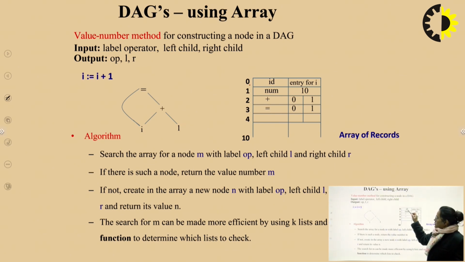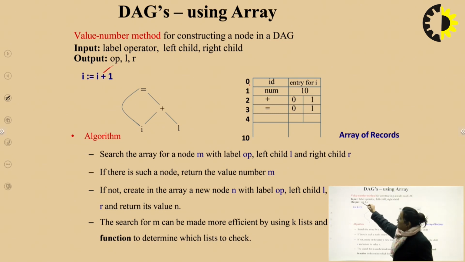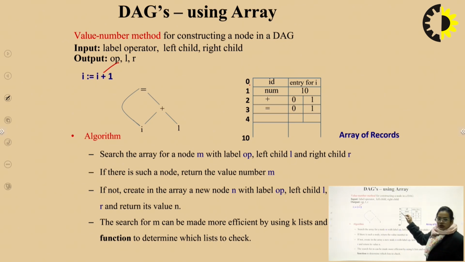At position 0, ID will be there, with the entry for i. This is an identifier. Then at position 1, the number is 10. At position 2, plus means 0 plus 1, that is, position 0 value plus position 1 value.